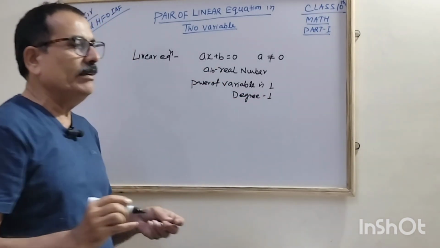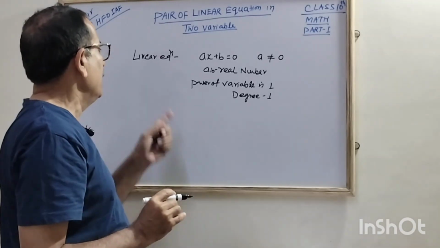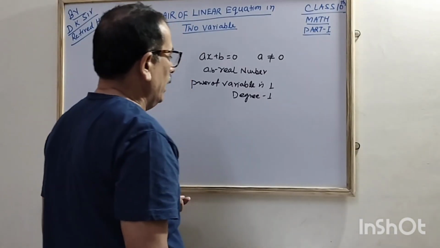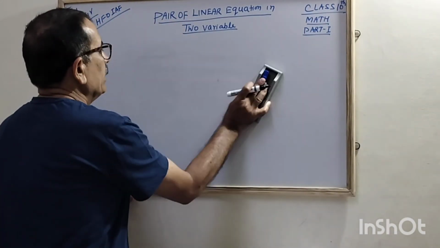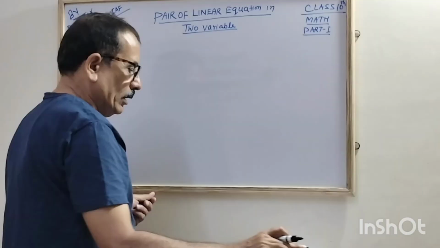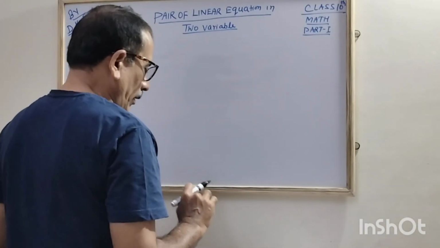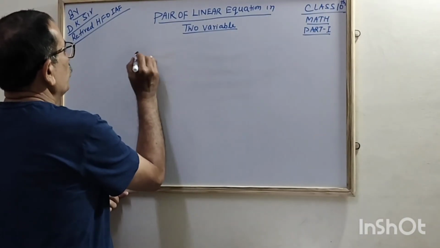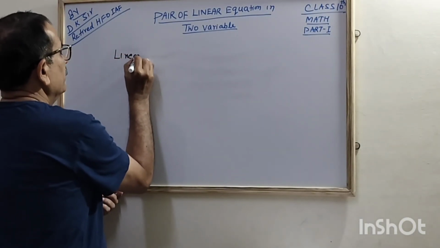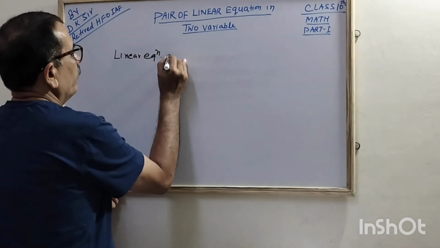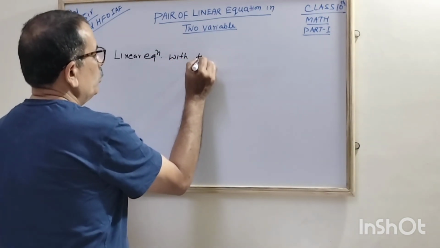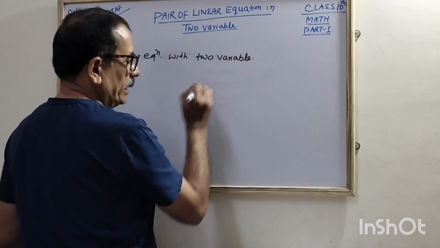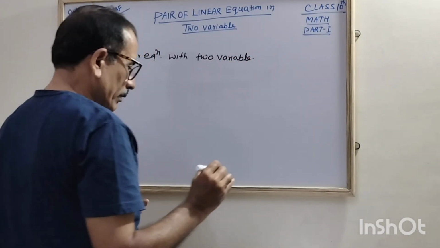So this we have already learned in the previous classes, the linear equation with one variable. Today we are going to learn about the linear equation with two variables, correct?